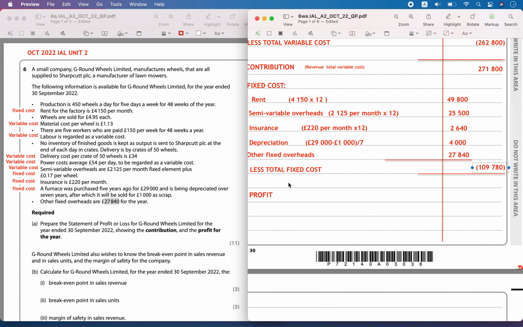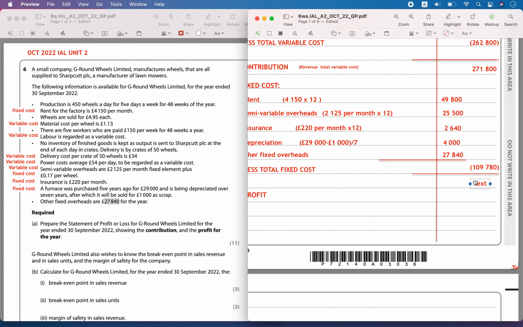So the profit value is going to be equal to 271,800 minus 109,780, that is equal to 162,020 pounds.